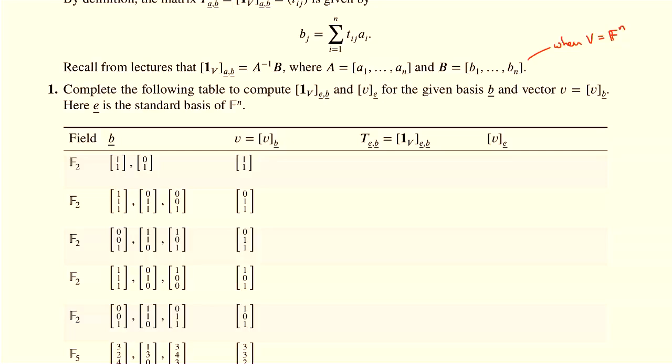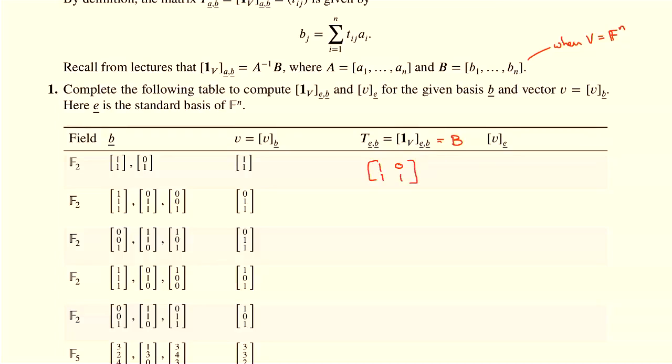Then we look at our formula up here, and if that was the standard basis, that's just the identity matrix, so it's just B. So there's almost nothing to do, and we'll skip through this fairly quickly. This matrix is just B, so it's 1, 1, 0, 1.